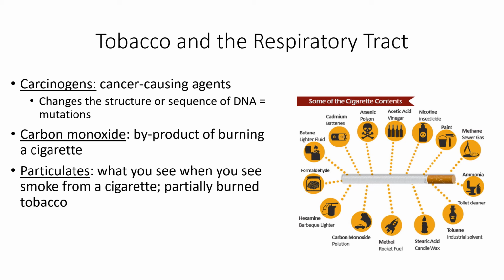Carbon monoxide is going to be a byproduct of burning cigarettes, and particulates are what you see when you burn a cigarette. That is the smoke that is coming off of the cigarette as well as what you are breathing out. This is partially burned tobacco, paper, and whatever else is included in the cigarette.